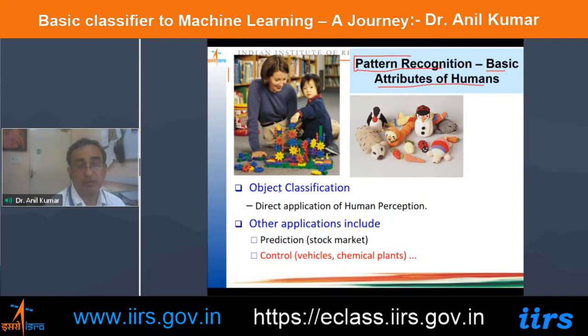In pattern recognition, a narrow application is object classification, like a direct application of human perception. What we see through our eyes, we perceive, right? In the same way, can the algorithm do object classification?